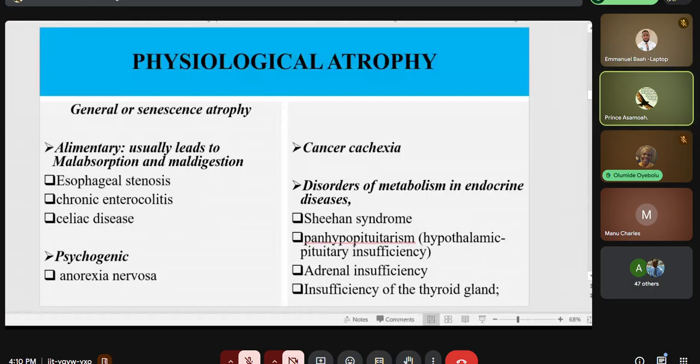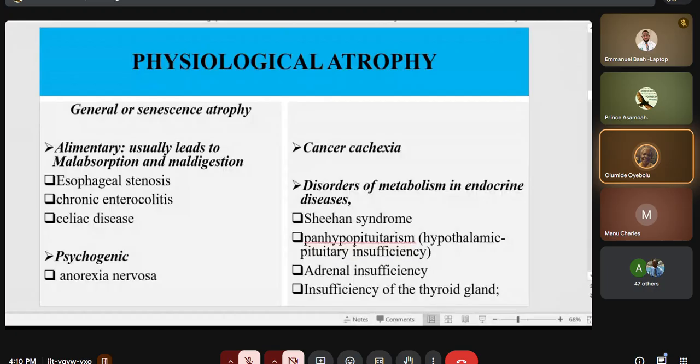Madam Olimide. Yes, I had also selected anorexia nervosa, and I shared in the chat the name of a documentary that would be very useful, called Dying to Be Thin.